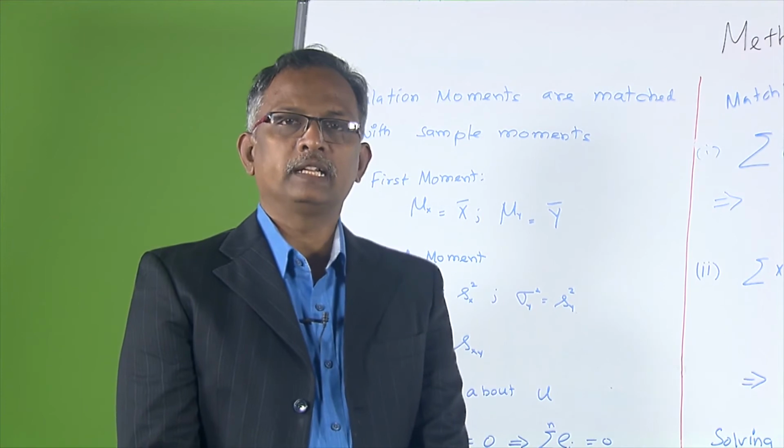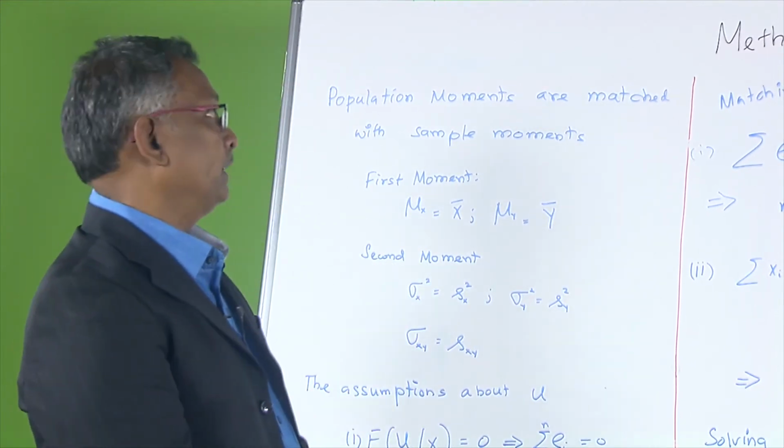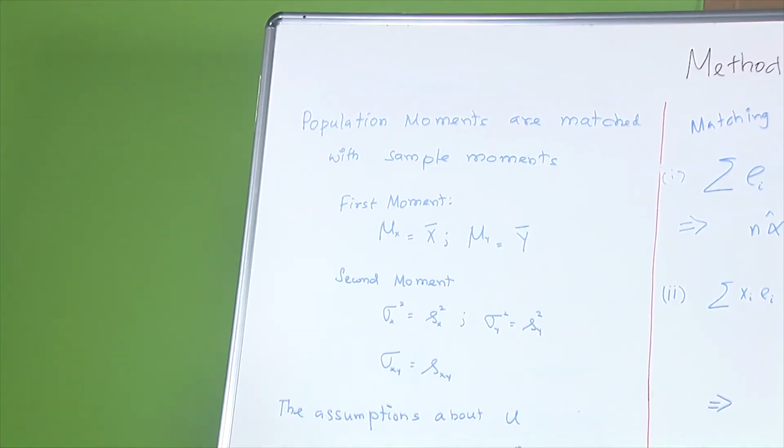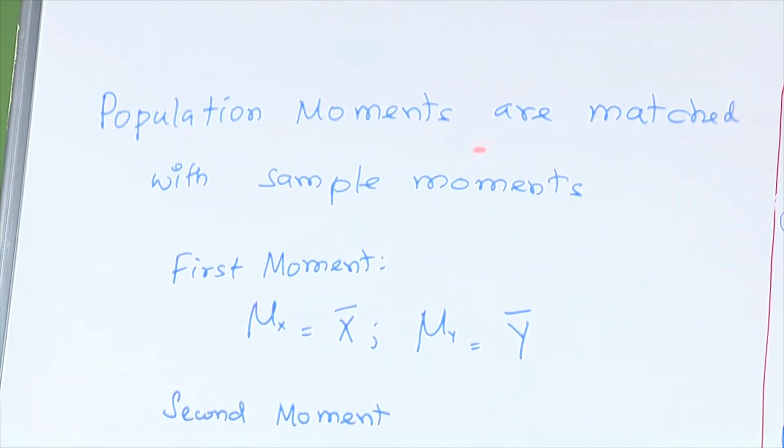Now, let us explain the third approach, namely the method of moments. The main principle in this approach is that we are matching the population moments with the sample moments.